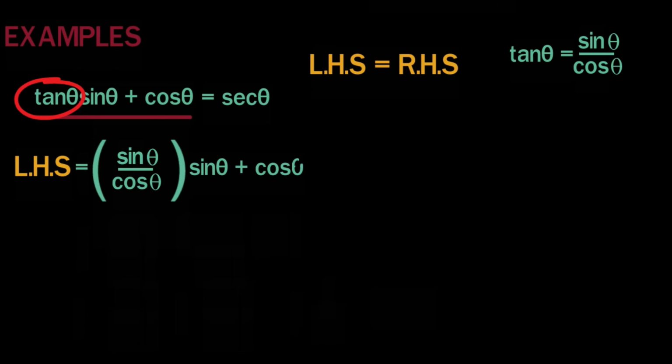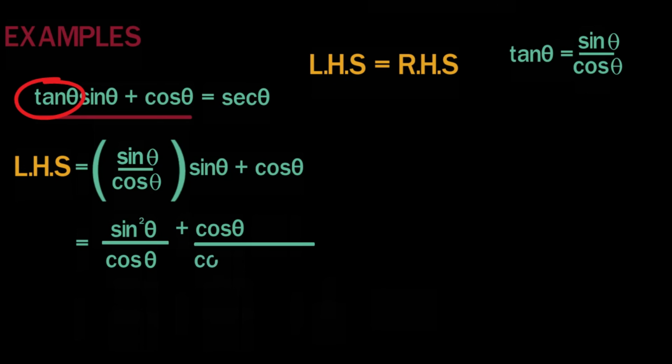How can we make it the same as the right hand side? We try to work towards one term. Now we have sine square theta over cos theta. We want to make it have the same denominator, cos theta here, so we multiply by cos theta over cos theta.